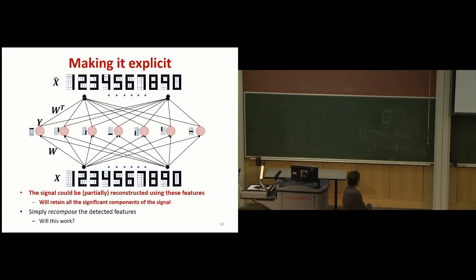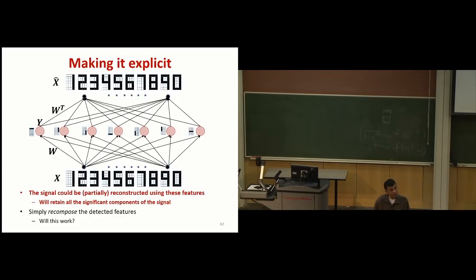So if the first neuron was looking for something on top, when it fires, I'm going to fill up the top region of the picture, right? In other words, the reconstruction is done by the transpose of the weights. If a neuron fires, the weights coming in are going to be the same as the weights going out, right? So if I did this, I could try to reconstruct the input. You're going to reconstruct the detected inputs.